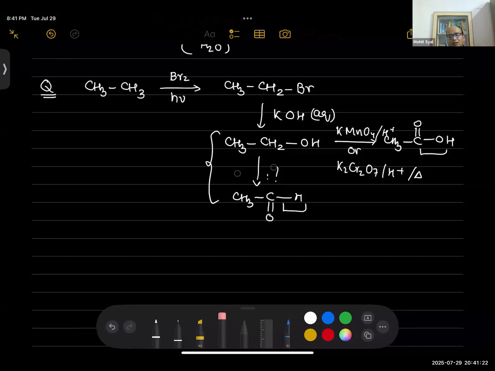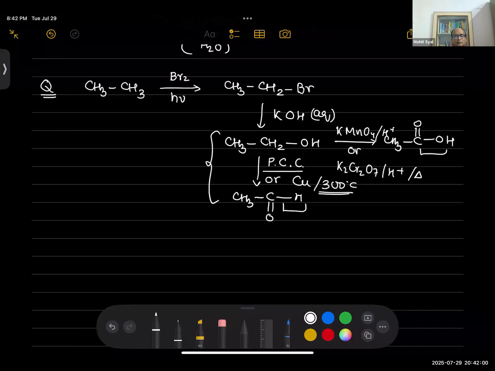Which is the weak oxidizing agent? Two very weak oxidizing agents we discussed today. One is abbreviated PCC. Marwa, is it clear? Another one is copper red hot tube. Any one you can use. I'm putting or. Is it clear or not?